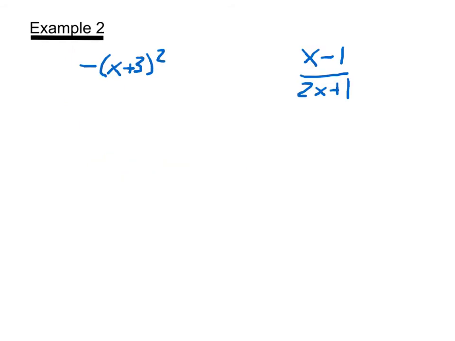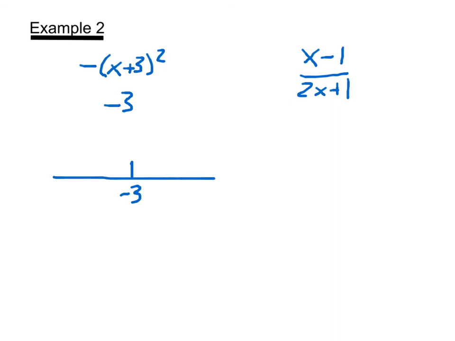Let's quickly look at a few more examples. Here I have minus x plus 3 squared. And the only critical value here is negative 3 because that's the only value of x that will make the function 0. So if I draw the line, my only critical value is negative 3, and it's defined at negative 3, so I use a solid line.